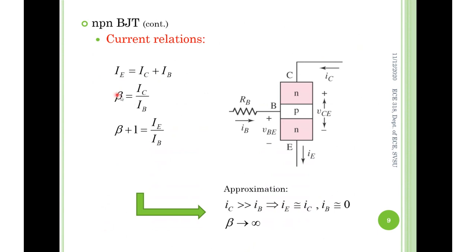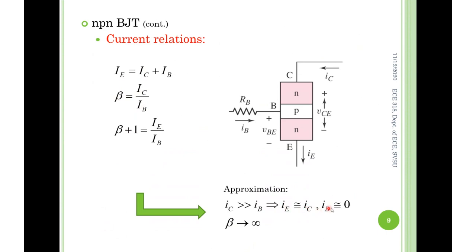And because of this gain, if you substitute IC by beta times IB, you're going to end up with the gain between IE and IB. You can see it's basically the gain plus 1. So if beta is really, really big, basically IE equals IC, right?